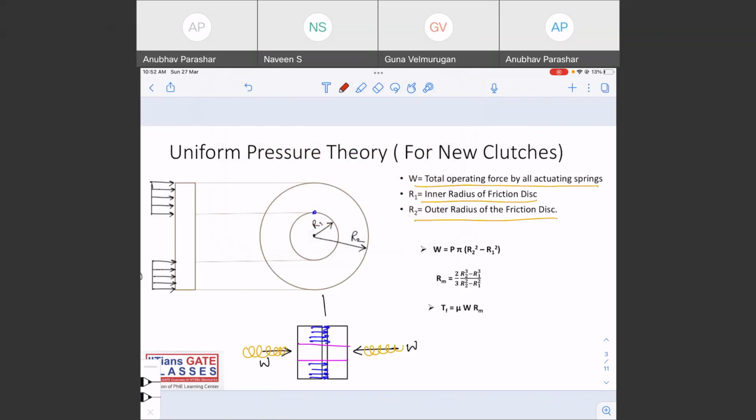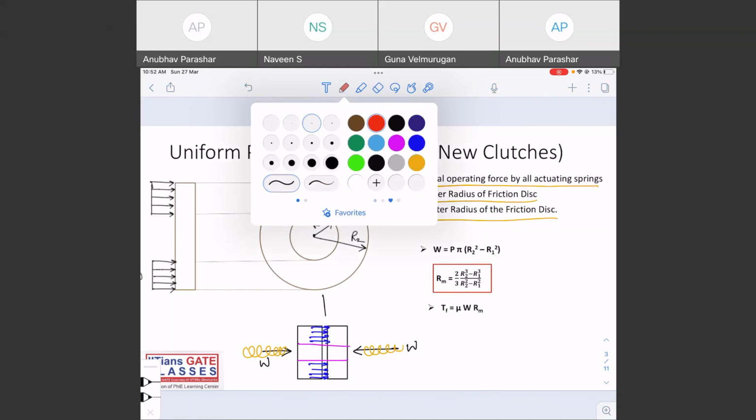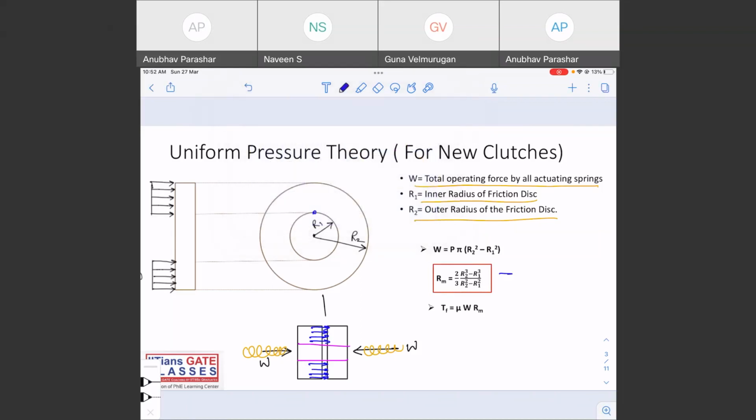First is the mean radius, also called the friction radius. It is given as 2 by 3 into (R2 cube minus R1 cube) divided by (R2 square minus R1 square).